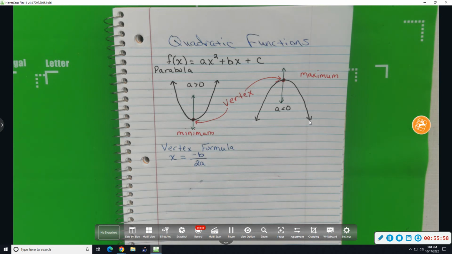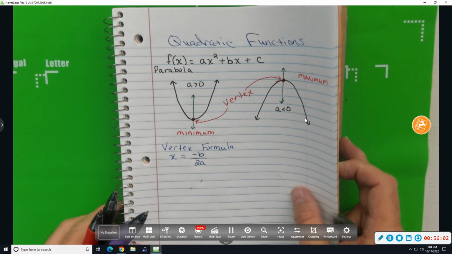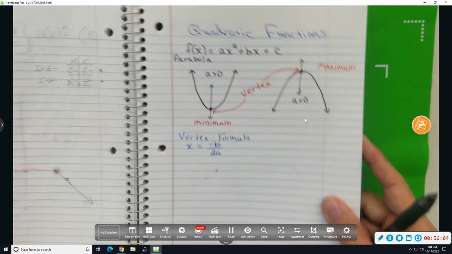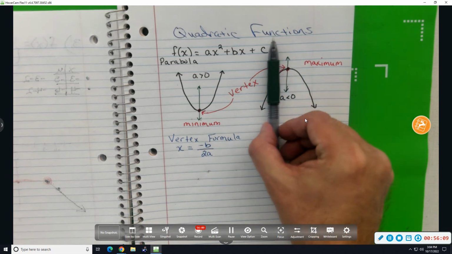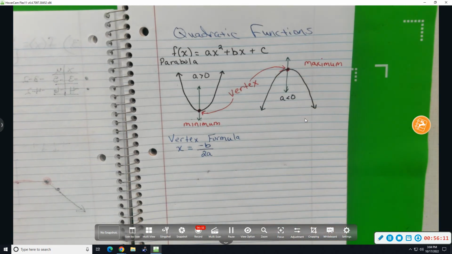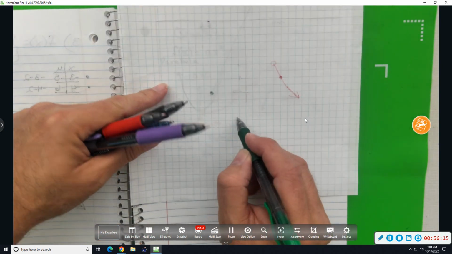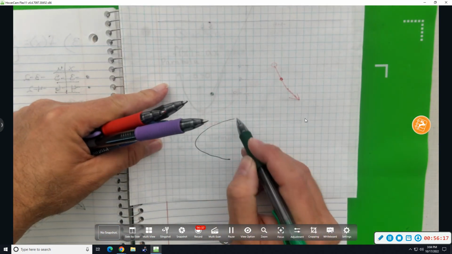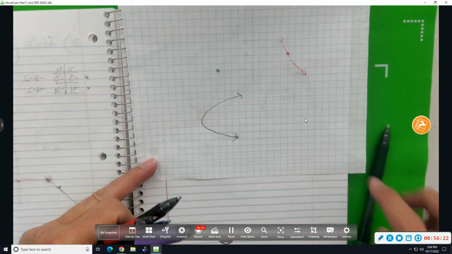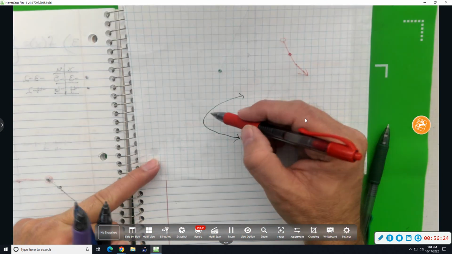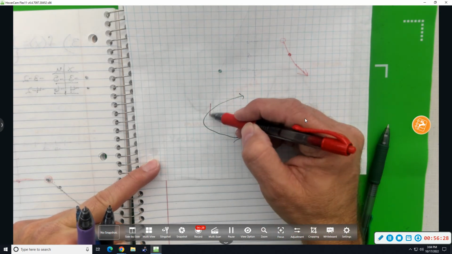Now, you'll notice we're only looking at functions. And with functions, they've got to pass the vertical line test. In the first assignment over functions, we had something like this drawn, and it said, tell if this is a function, and the answer would be no. Do y'all remember why a horizontal parabola wouldn't be a function?